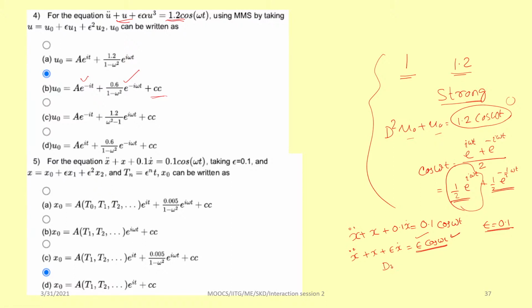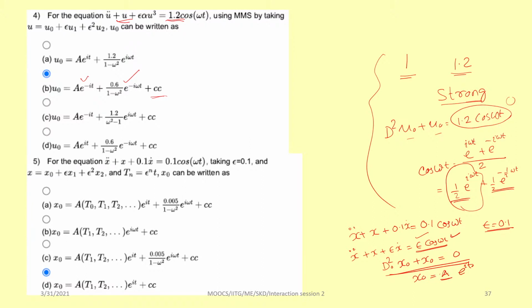So your equation will be D0 square x0 plus x0 equal to 0. So this complementary part will be only there, so that you can have the solution x0 equal to a e to the power i T0.